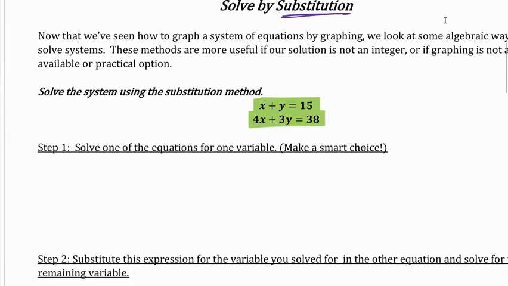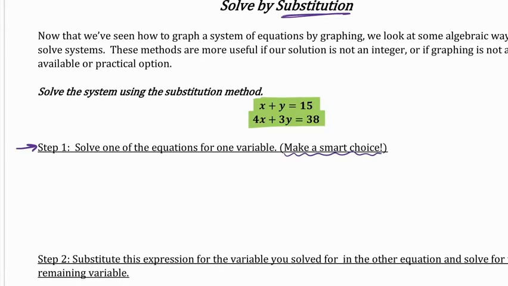Okay, so step number 1, we want to take one of the equations and solve for one variable. Now this talks about making a smart choice. The reason I say that is you can make a choice where hopefully you don't end up with a bunch of fractions. Any equation works and you can solve for any variable.